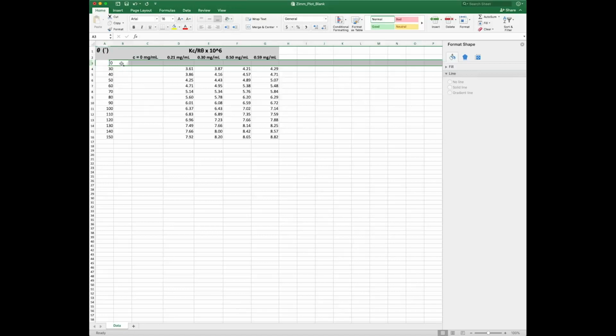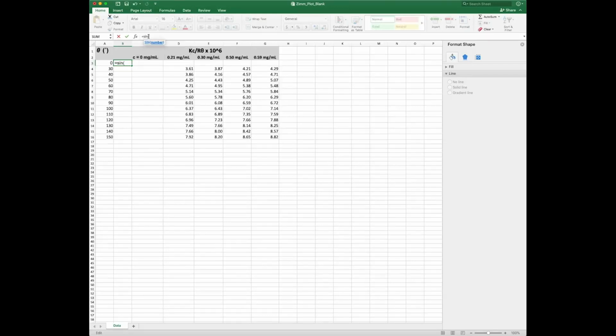So the first thing I can calculate here is the sine squared of theta divided by 2 because I can calculate Q from that. So here I'm going to calculate that. It's the sine of theta, which is A3, divided by 2. And notice that the angle is given in degrees, and that's not going to work here because this function is expecting radians. And so there are pi radians in 180 degrees, and we want sine squared of theta divided by 2, so I'll just multiply this by the same thing.